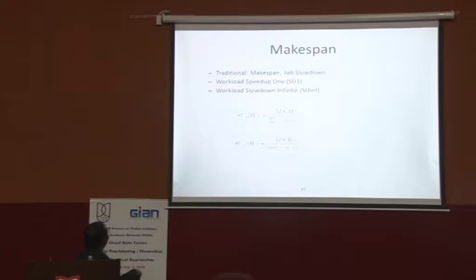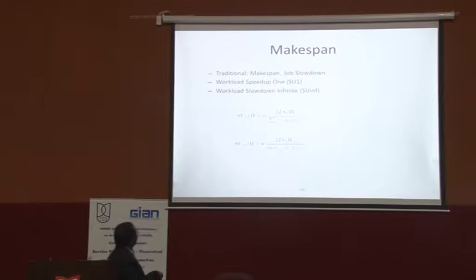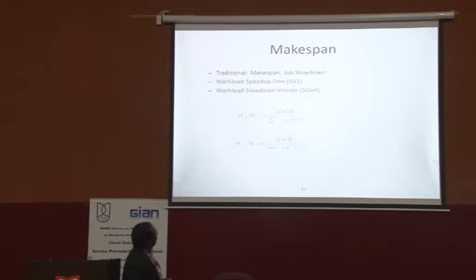So you can get the workload speedup by using this formula. The same for workload slowdown with this infinity here. It takes the workload, you first calculate the makespan of the workload, and you select the maximum of the workload response time and divide by that. That will give you the slowdown of the workload.